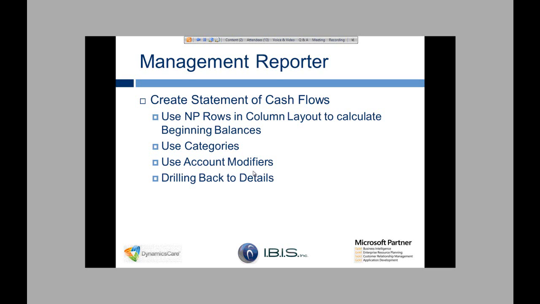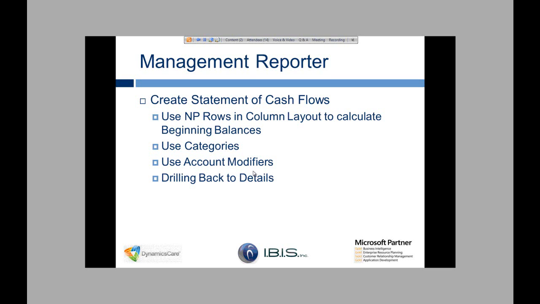So it has a section for operations, a section for investing, a section for financing, and then a checking row to make sure that it matches to the actual checkbook balance. So that's what we're going to be looking at. From a technical perspective, we're going to look at the use of non-printing rows in a column layout to calculate the beginning balances.